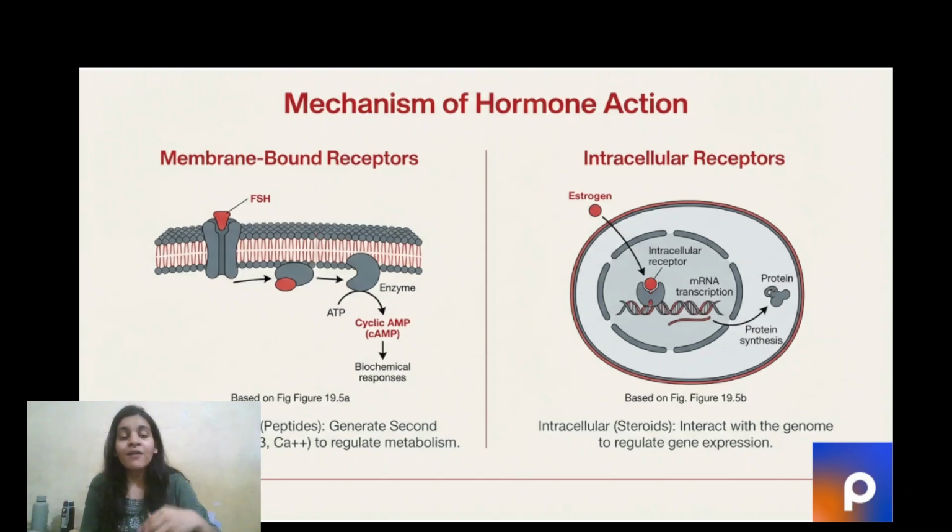So, they have specific receptors on the membrane, which produce a secondary molecule or a secondary messenger that completes their function. On the other hand, steroid hormones can directly enter into the cell and execute their function through the intracellular receptor. So yeah, now I see the chemical coordination was so easy.